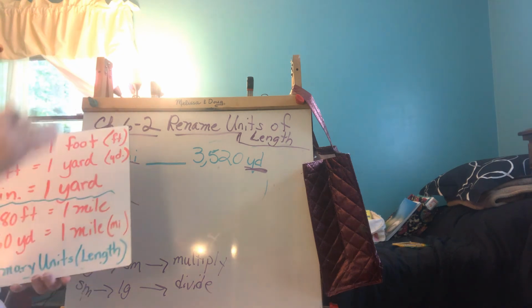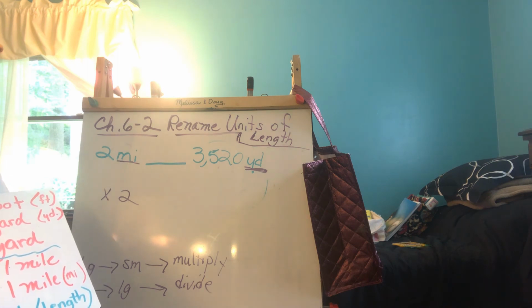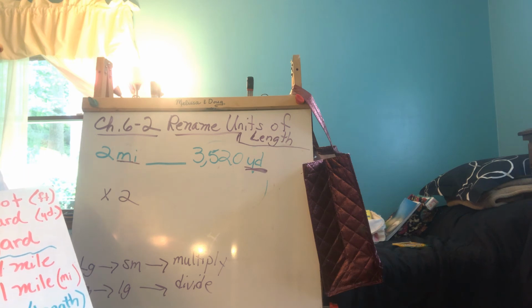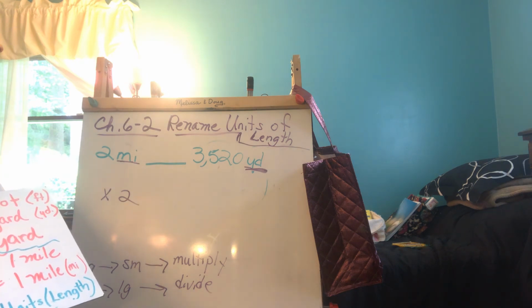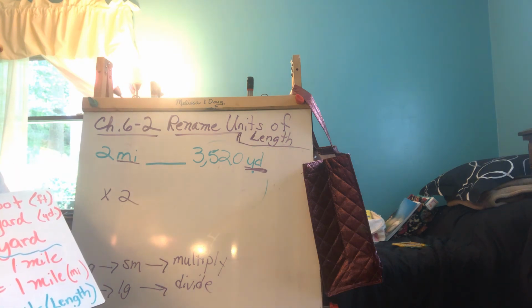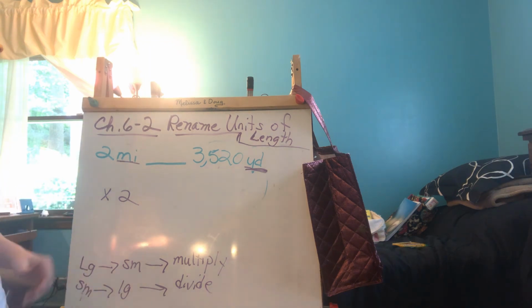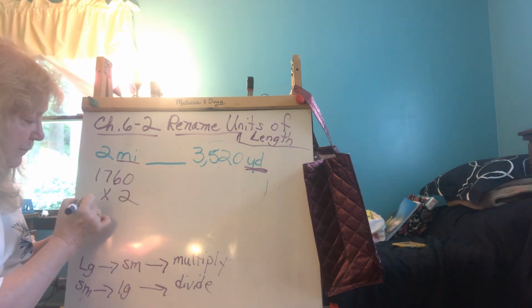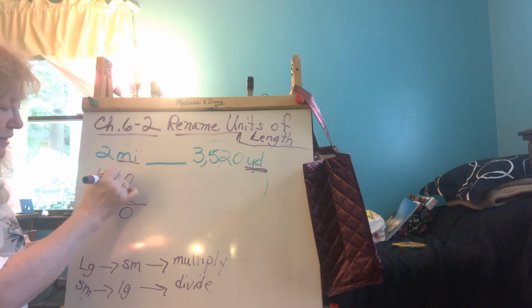Well, you have to go back to your chart here. To convert yards to miles, 1,760 yards equals 1 mile. But we're asked to find what equals 2 miles. So we have to multiply 2 times 1,760. 2 times 0 is 0. 2 times 6 is 12.